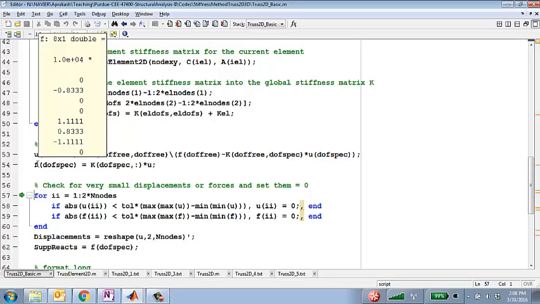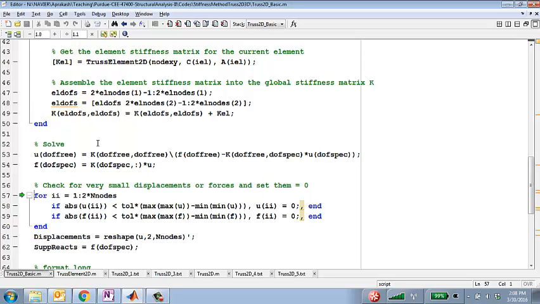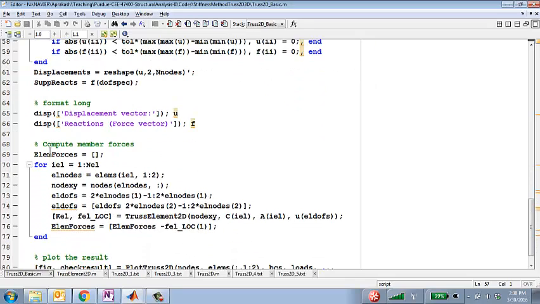The degrees of freedom that are specified have some reaction force. The free degrees of freedom don't have any reaction or any external force for this particular problem, right? And you can check the sum of forces in the same way that I showed you for the previous problem. And at this point, we'll go to computation of those element forces.